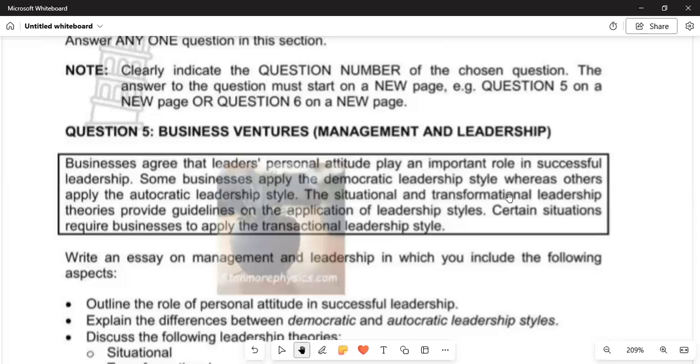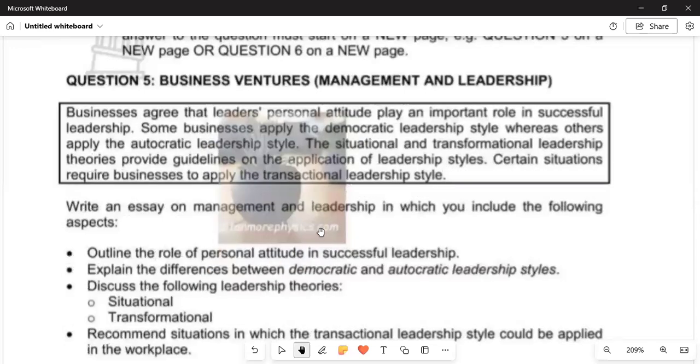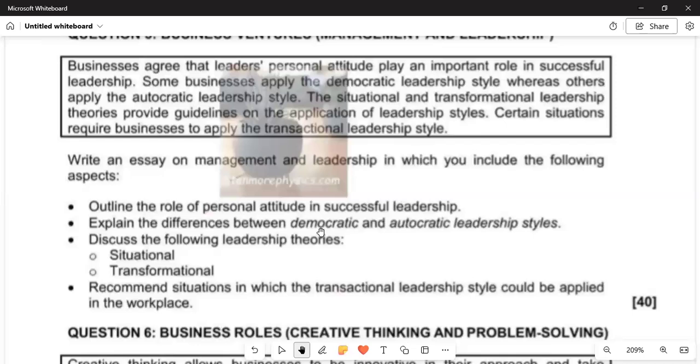The situational and transformational leadership theories provide guidelines on the application of the leadership style. Certain situations require businesses to apply the transactional leadership style. So in this case, you are going to write an essay based on these. Write an essay on management and leadership in which you include the following aspects. Number 1, outline the role of personal attitude in successful leadership.